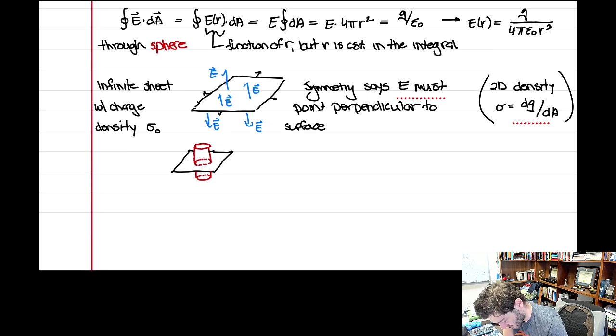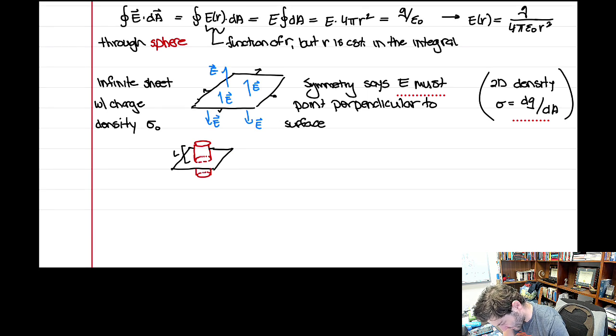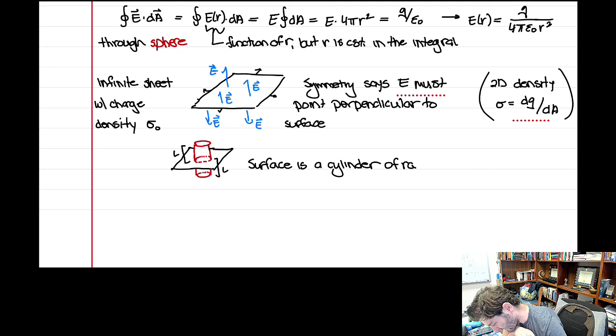So if this is some distance L, then this is also some distance L. So the surface is a cylinder of radius r.